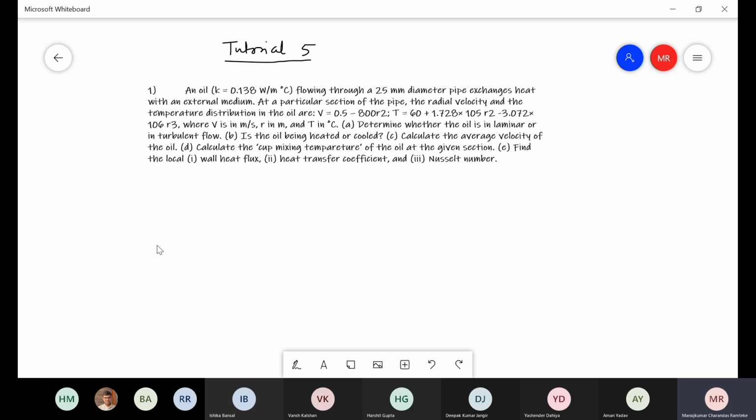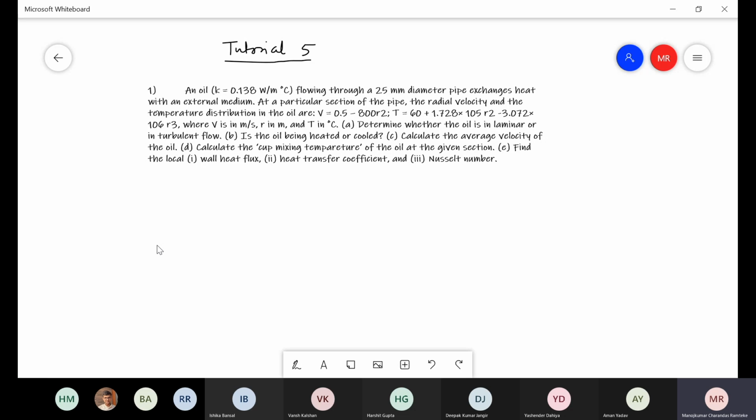V is given as 0.5 minus 800 R square, and T is given as T equals 60 plus 1.728 into 10 raised to the power 5 R square minus 3.072 into 10 raised to the power 6 R cube, where V is in meter per second, R is in meter, and temperature T is in degrees Celsius.